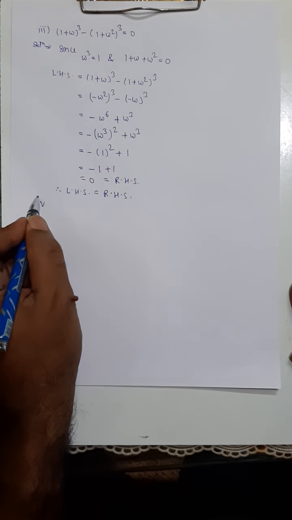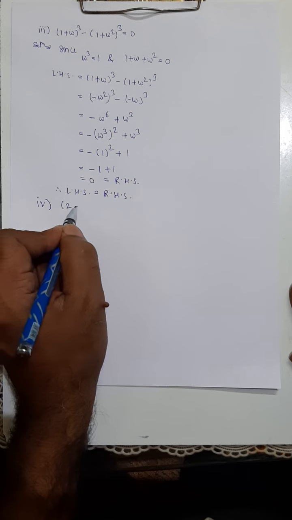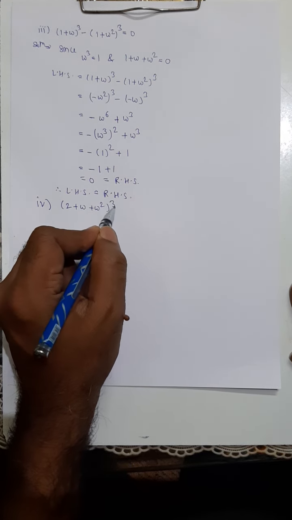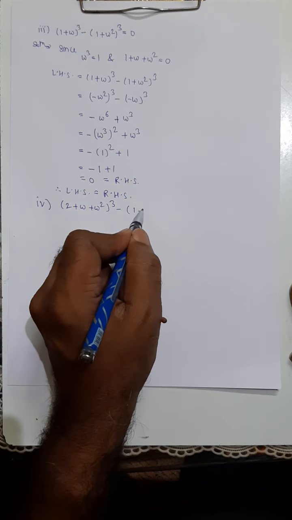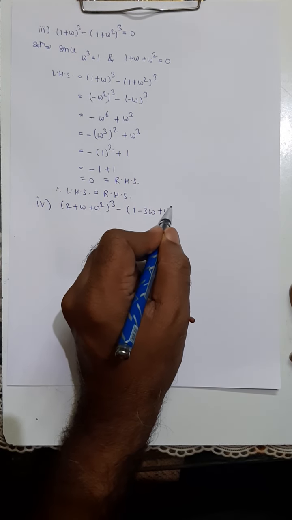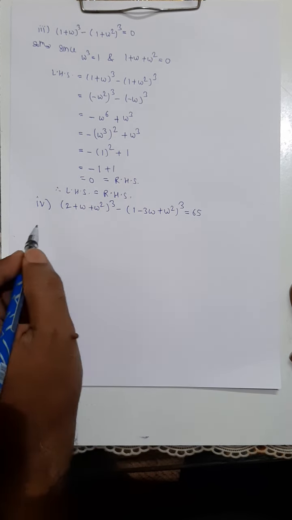Continue. Fourth problem. Show that (2 plus omega square) whole cube minus (1 minus 3 omega plus omega square) whole cube is equal to 65.